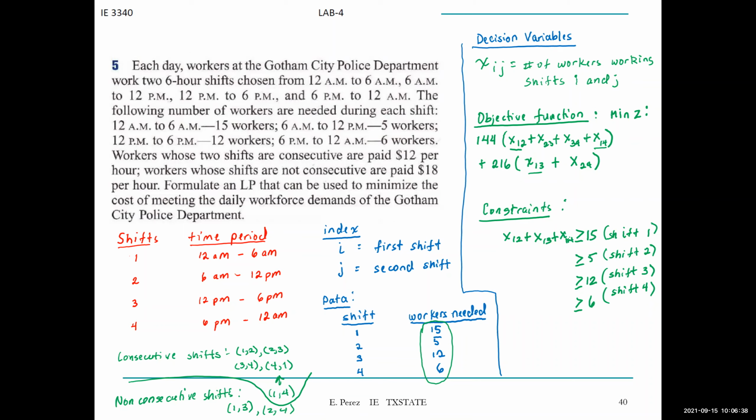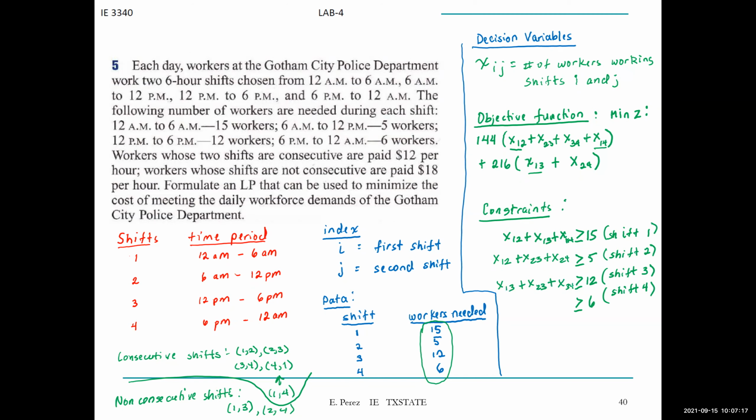Following the same process, I can do shift 2. So shift 2 is also going to have X12, X23, and X24. Shift 3 will have those decision variables that are accounting for shift 3. So X13, X23, and X34.